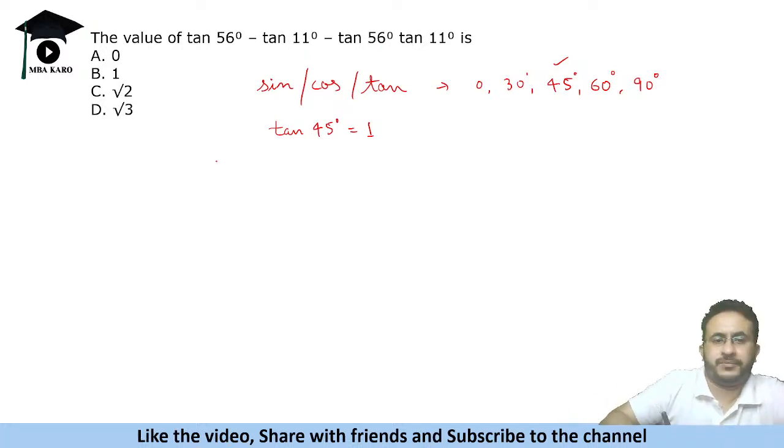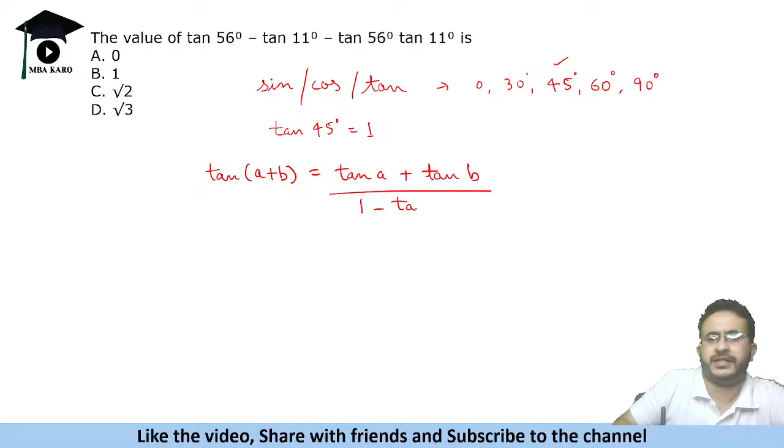Otherwise, how to do it in a proper way is tan of a plus b is equal to tan a plus tan b upon 1 minus tan a into tan b. That is the expression.